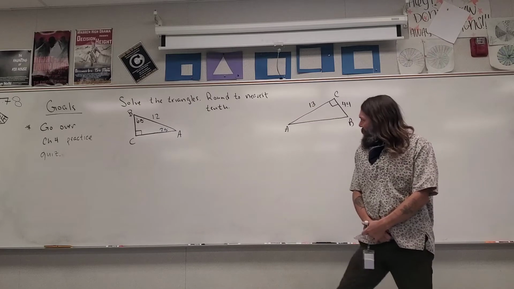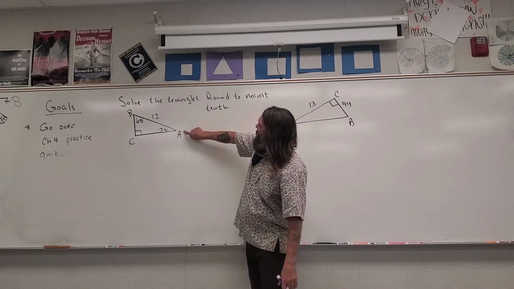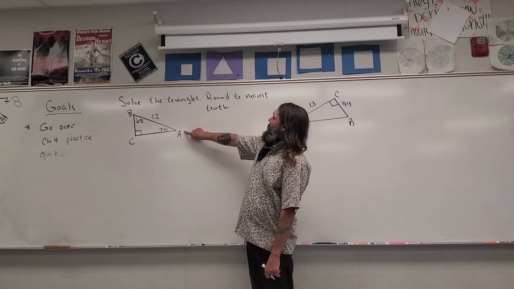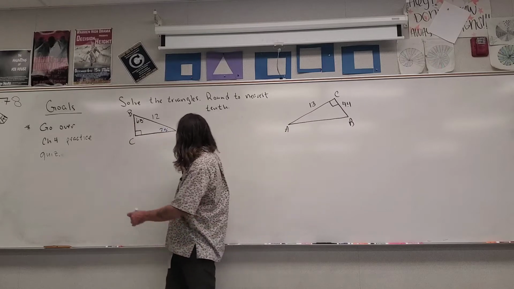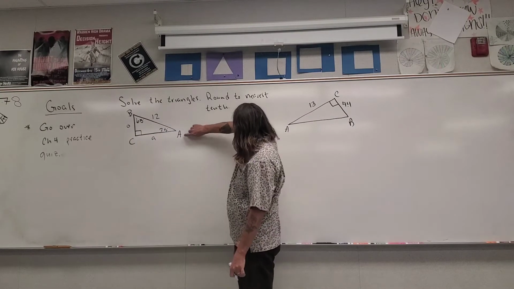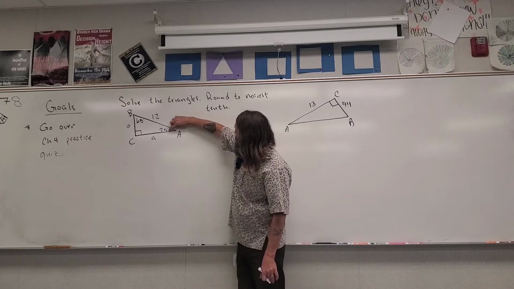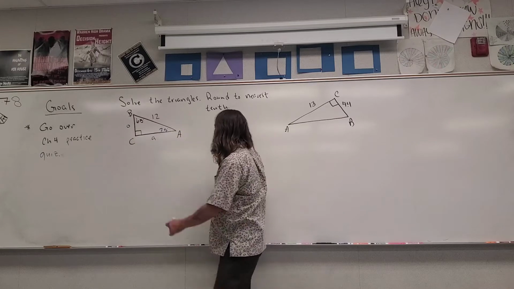All right. So now I need to use trig to find my unknown side lengths. I'm going to go from angle A. From angle A, this is my opposite side and this is my adjacent side. So the sine of angle A, or the sine of 25 degrees, is going to be the opposite length divided by 12.